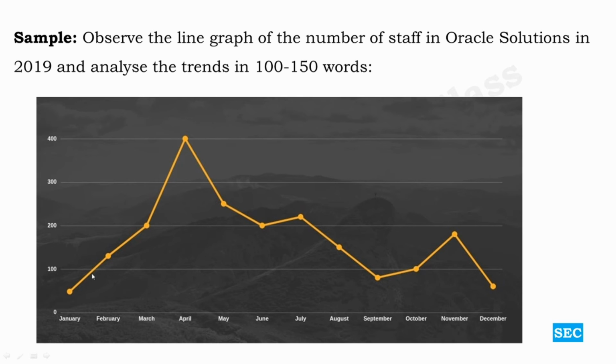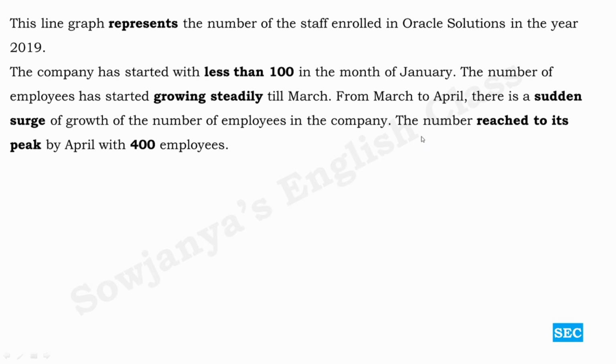Look at the graph here. It is not just lying down over here. It has surged to the top. If you see the highest point, it has reached its highest point in the month of April. And one more trend we have observed, that the number reached its peak by April with 400 employees. Peak in the sense highest point. That also we have observed.